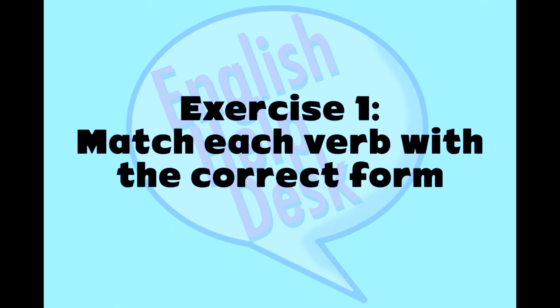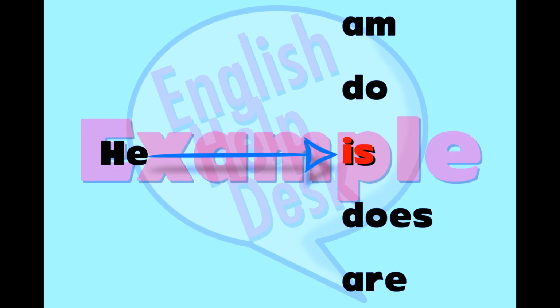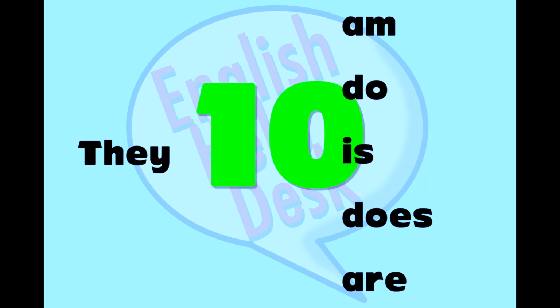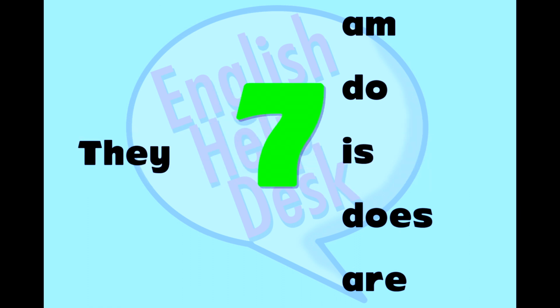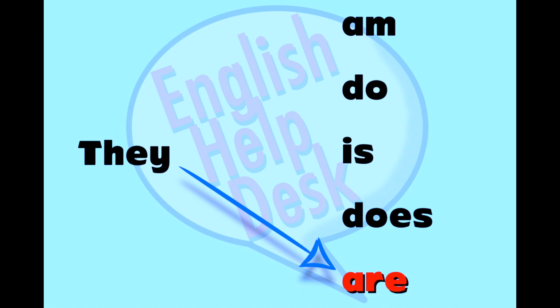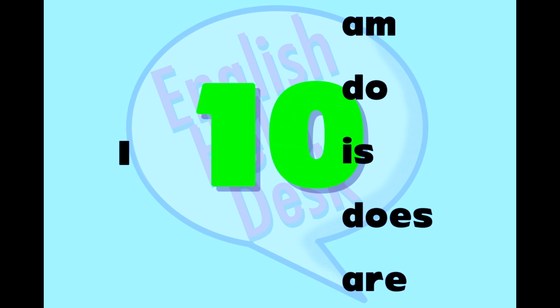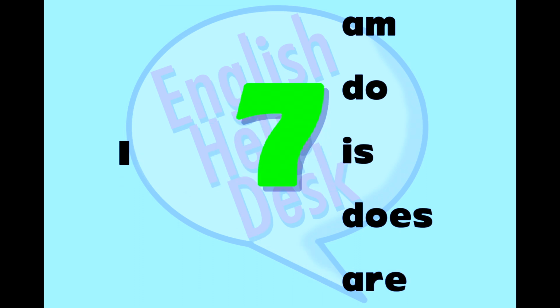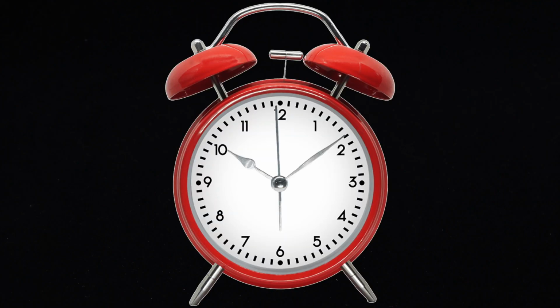Match each verb with the correct form. He is. They are. I am.